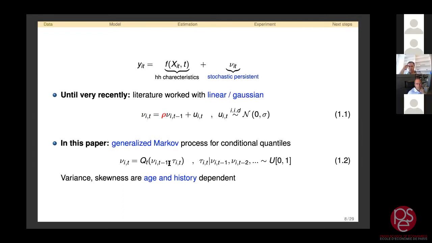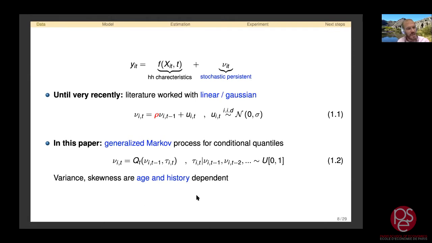So we're going to capture the fact that the variance, the skewness, and also the persistence are both age and history dependent. We estimate this process from the household level data that I was mentioning before, the panel for households in Spain, and let me show you some results.